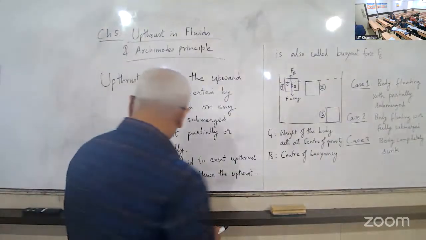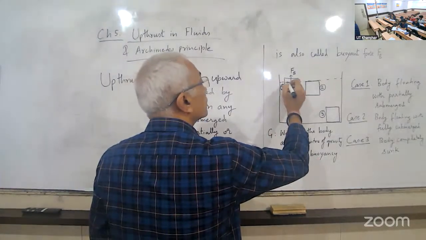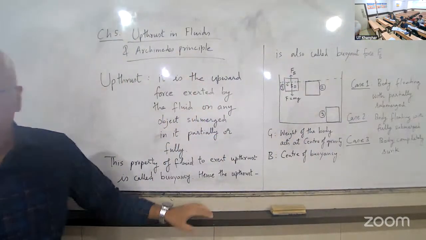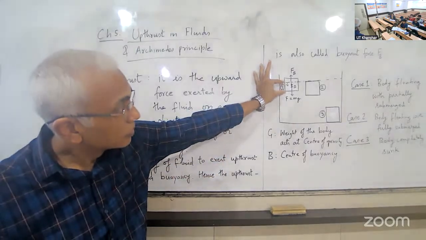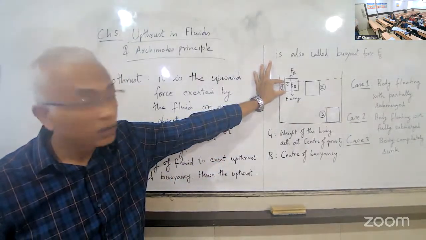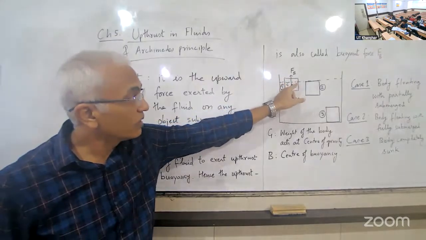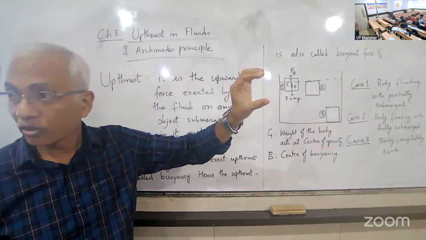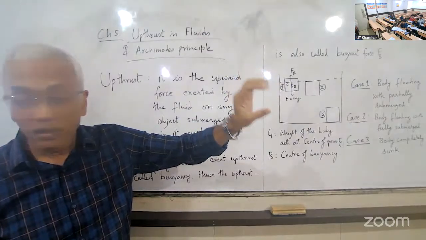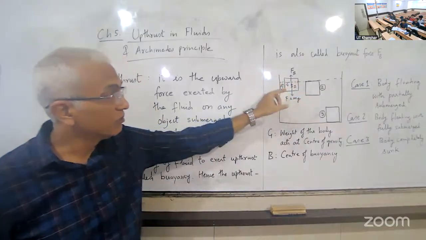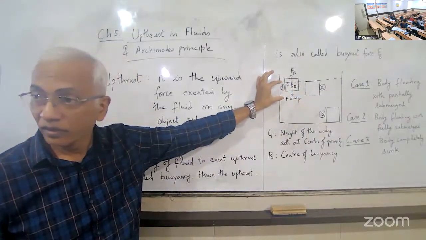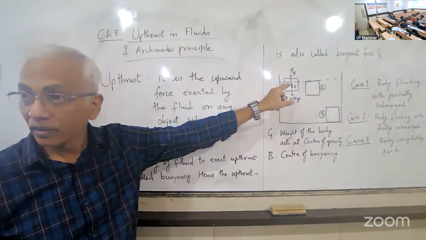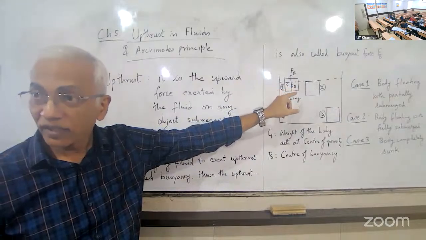So what is the center of buoyancy? Can you see the submerged portion in water? What is the volume which is submerged in water? This part, underwater. Now B is the center of gravity of the volume of the body which is inside water. You understood? So obviously B will be below G. Is that clear?